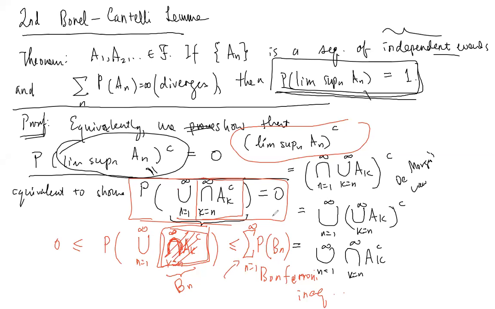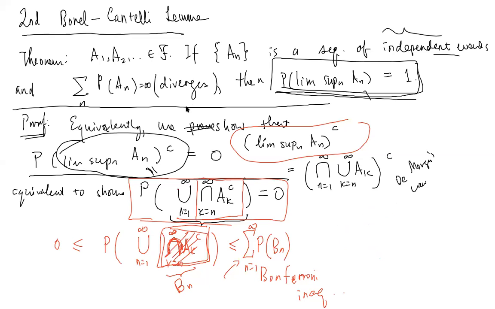All right. Now, from here, since your goal is to show that this thing is equal to 0, and you know that this is bounded by the sum of this thing, what should we show?